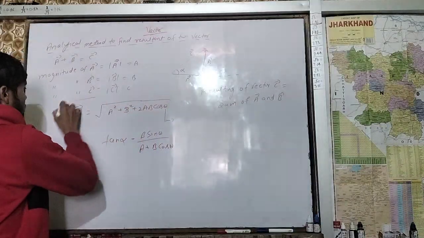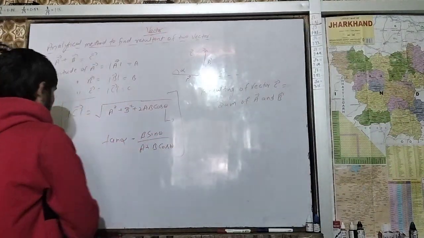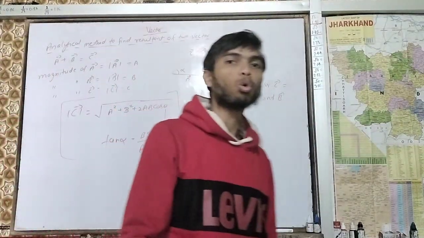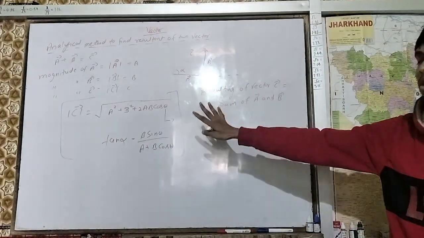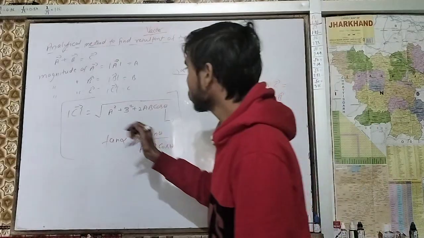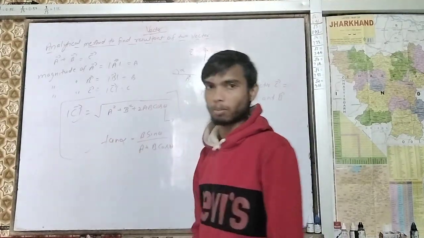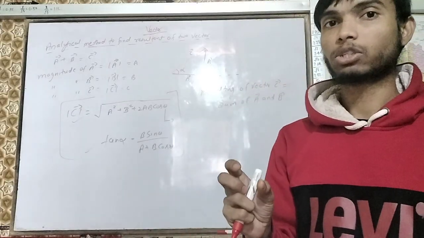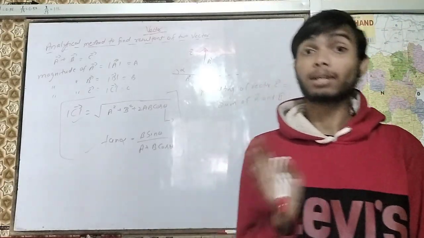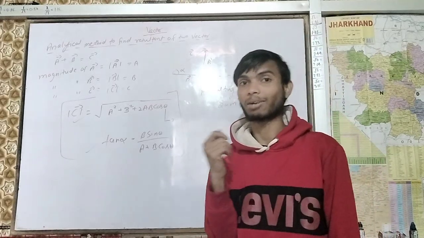These are two formulas that will help to solve a lot of equations. There are a lot of equations based on these two formulas. Now, when to use this formula and when to use that formula? When the question is asking what is the angle between the resulting vector and a given vector.